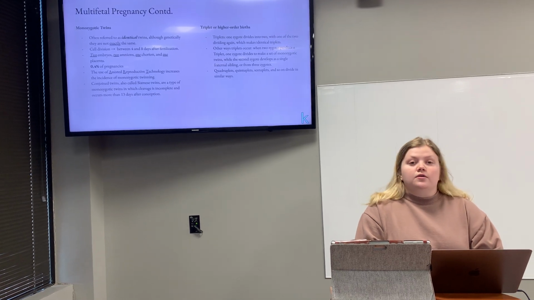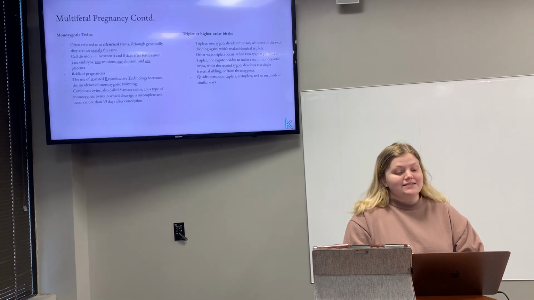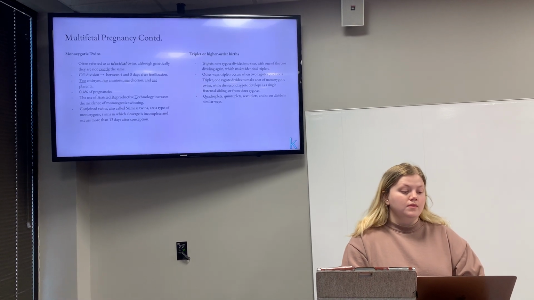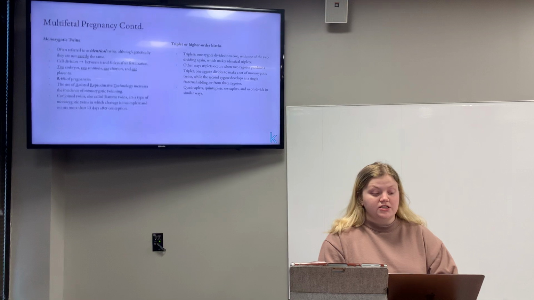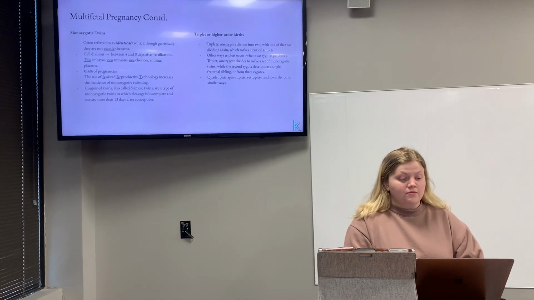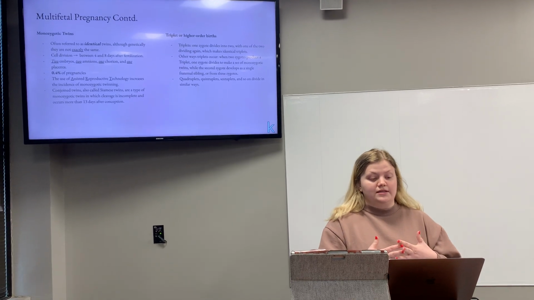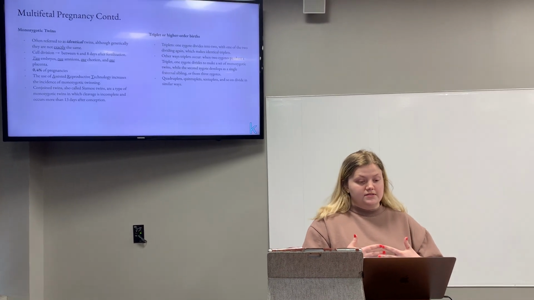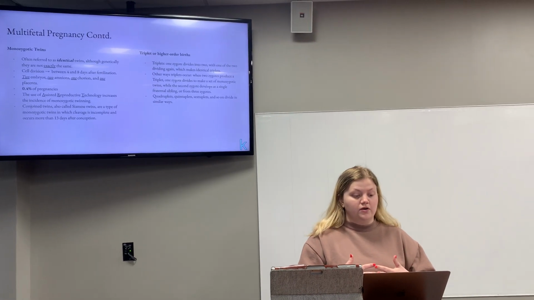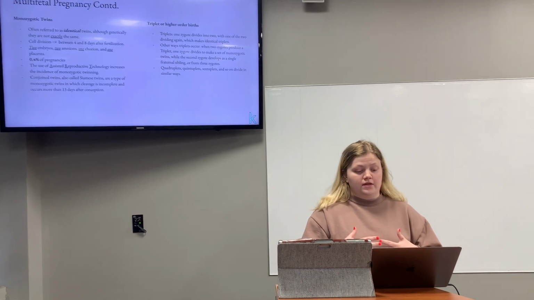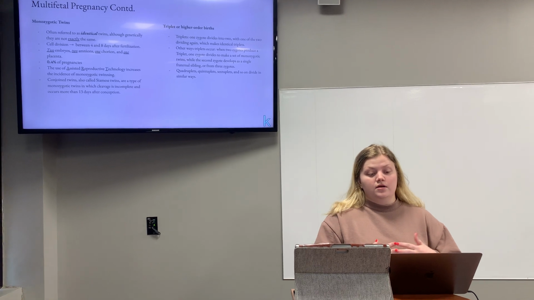It occurs in 0.4% of pregnancies, and use of ART, known as assisted reproductive technology, increases the incidence of monozygotic twinning. And conjoined twins or Siamese twins are a type of this kind of twin in which cleavage is incomplete and it occurs more than 13 days after conception.